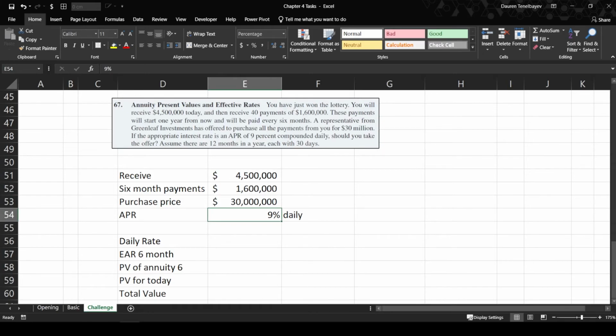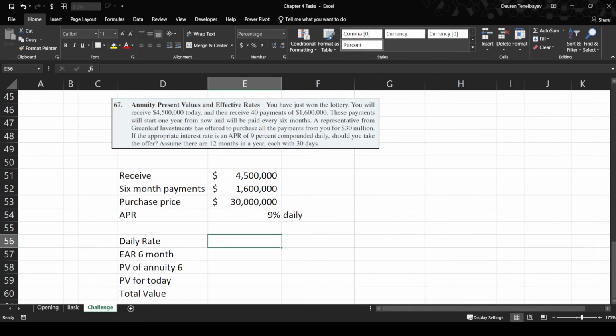We're now on the third task, annuity present values and effective rates. You can pause the video and read it yourself, but the main numbers are given here. So we receive 4,500,000 from the lottery today, and we are going to receive 40 payments of 1,600,000, and the investment fund is offering 30 million for our lottery, and the APR is 9%, compounded daily.